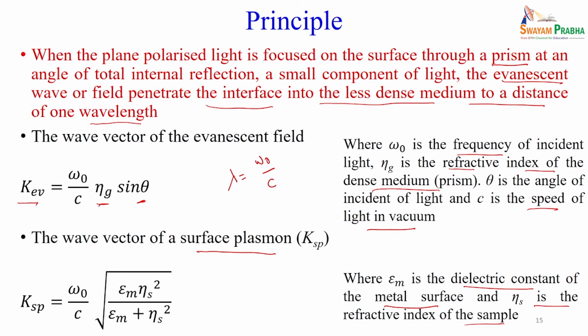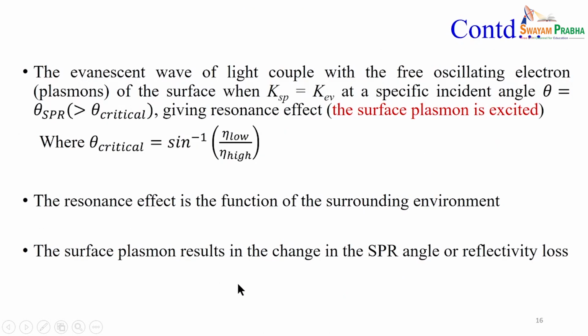So, if it is penetrating, then it couples the free oscillation of the surface wave vector, or you can say the Ksp equal to the Kev at a certain angle theta, and that theta is known as theta SPR.